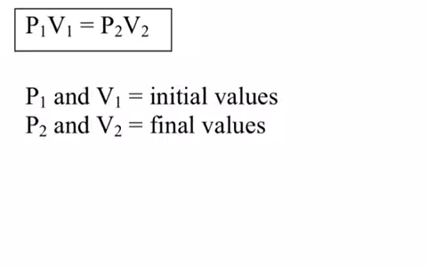There's a mathematical relationship when using Boyle's law. If you look here, P1V1 equals P2V2. What that means is that the initial pressure times the initial volume is equal to the final pressure times the final volume. Now, earlier I had said this relationship is inversely proportional.